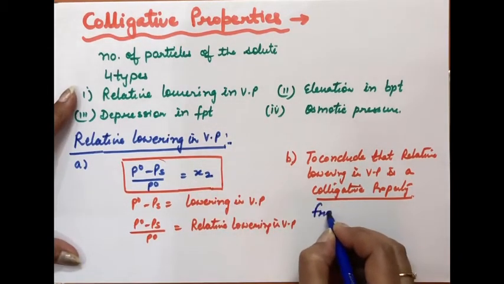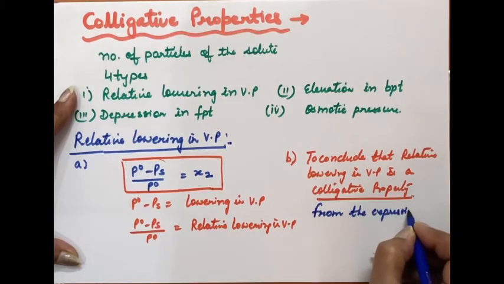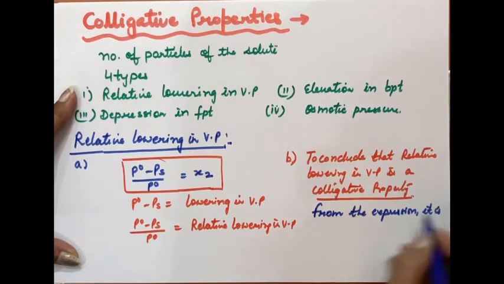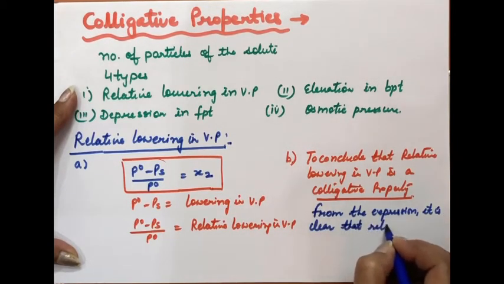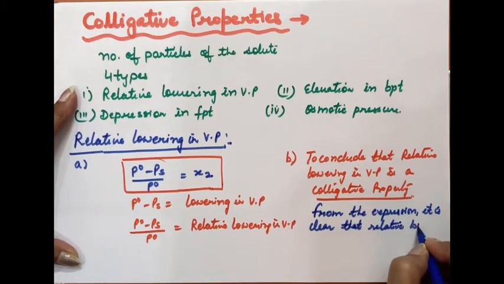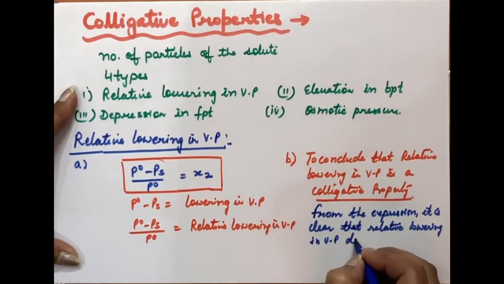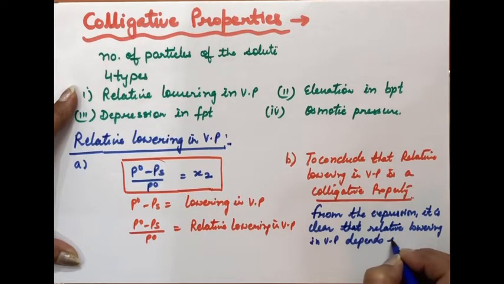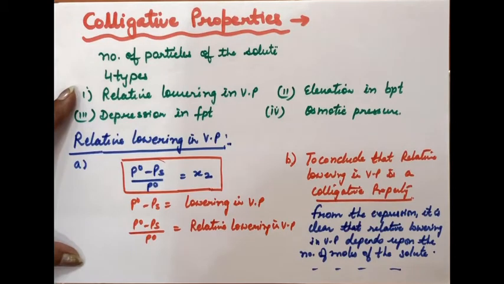So from the expression it is clear that relative lowering in vapor pressure depends upon the number of moles of the solute and is independent of its nature, hence it is a colligative property.